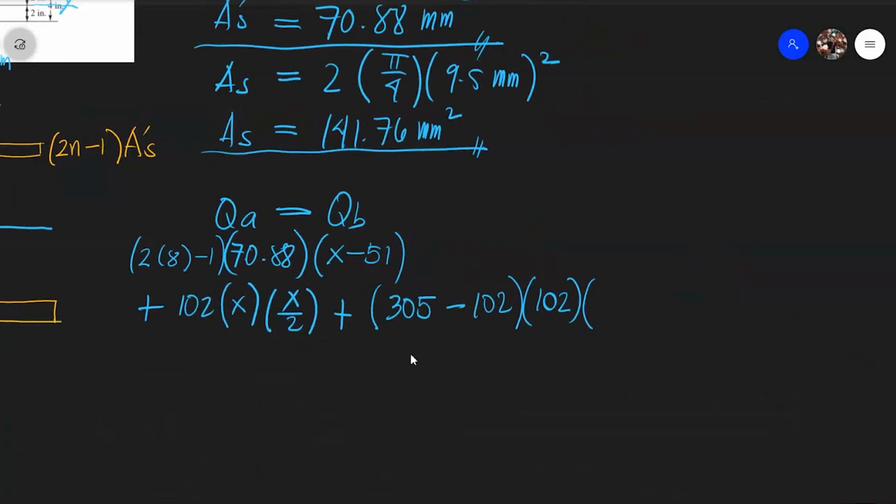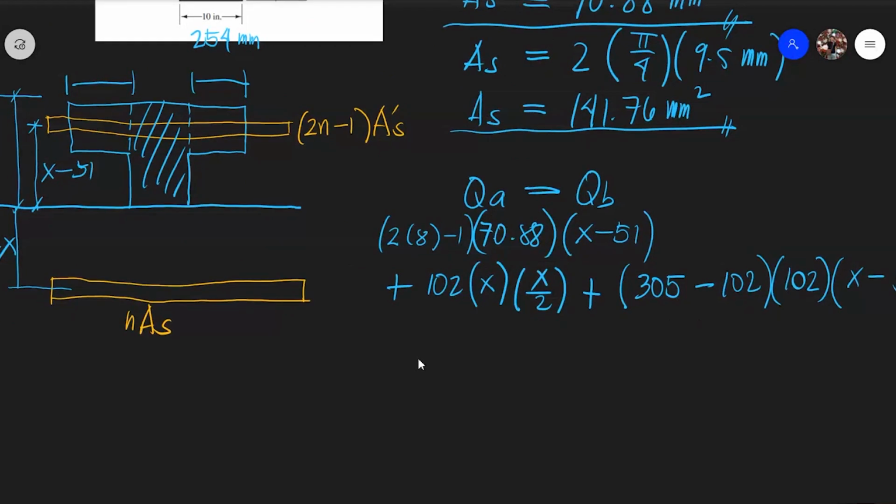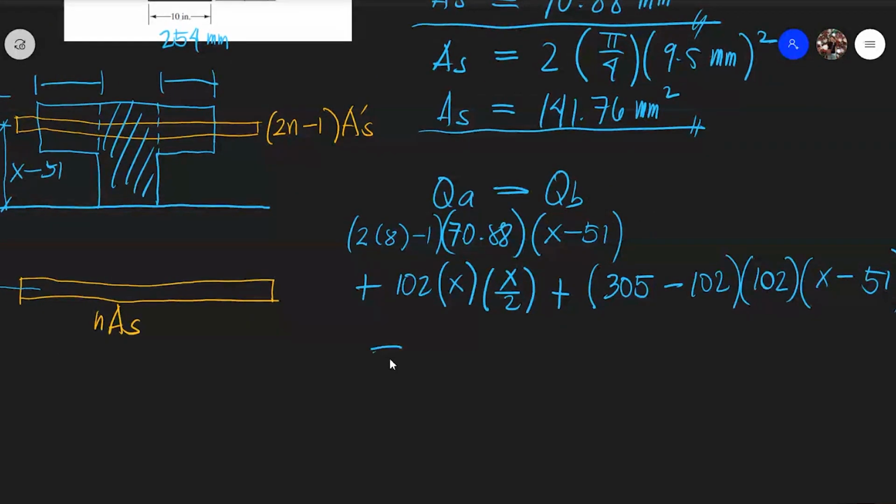So this will be x minus 51. Now Q above is equal to Q below.